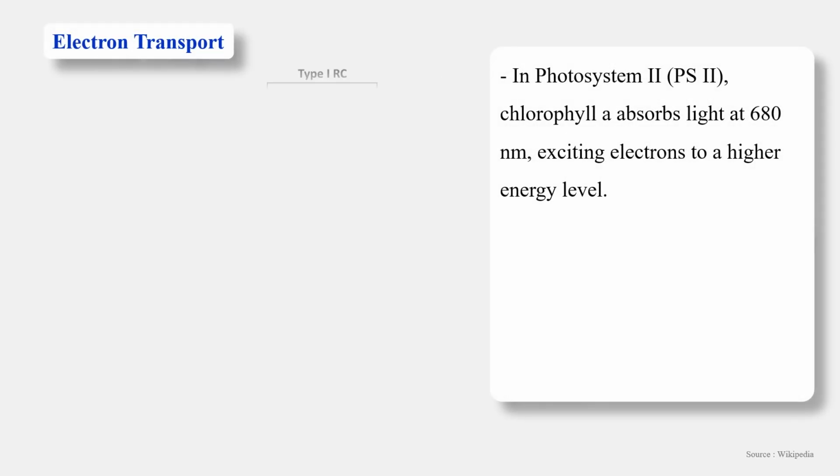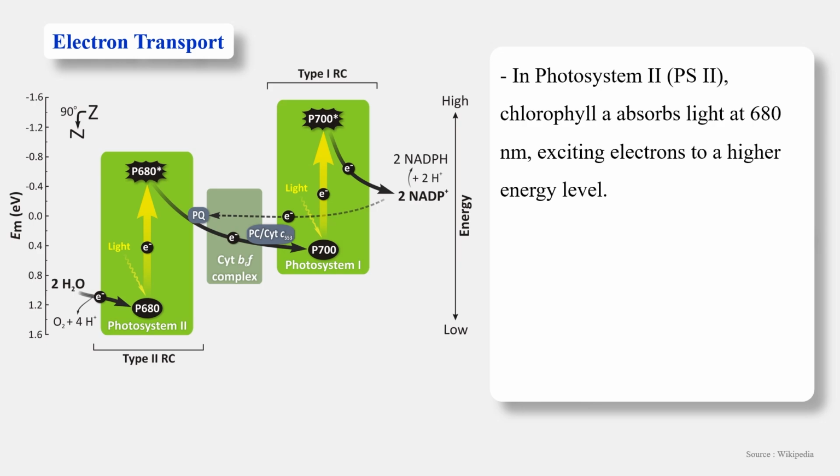Now electron transport. Electron transport occurs through the Z scheme. In PS2, which is known as photosystem 2, chlorophyll absorbs light at 680 nanometer. This is PS2, 680 nanometer.